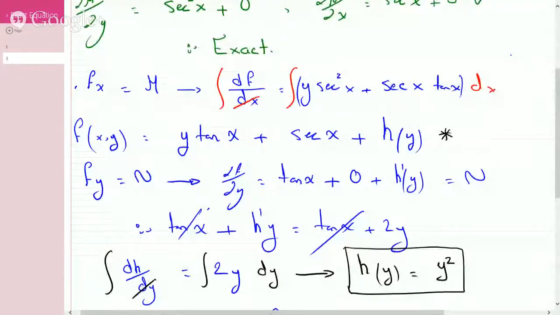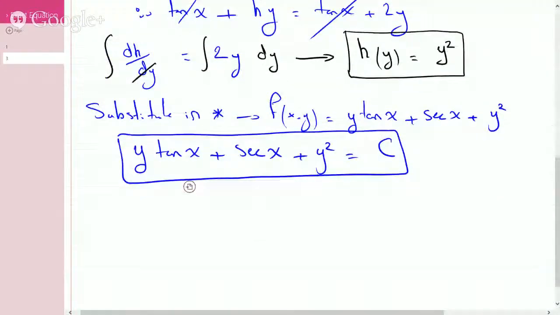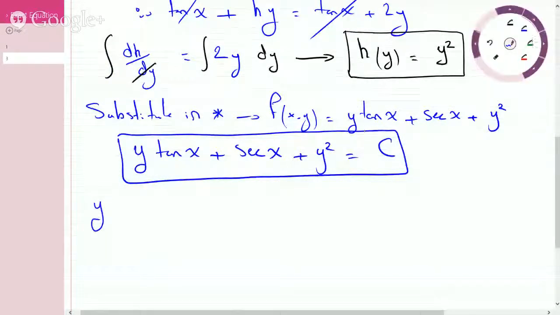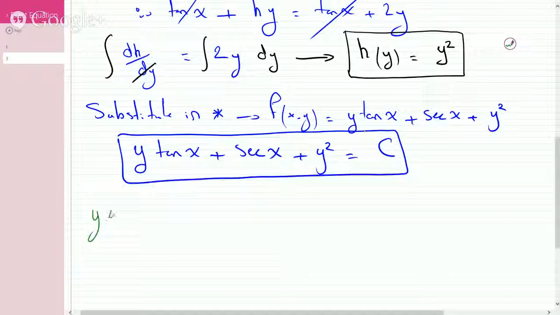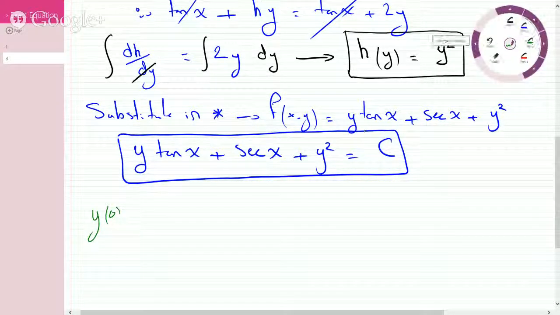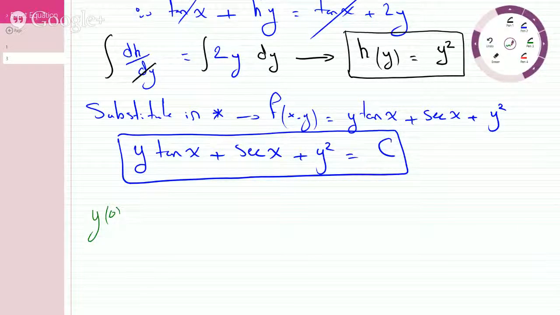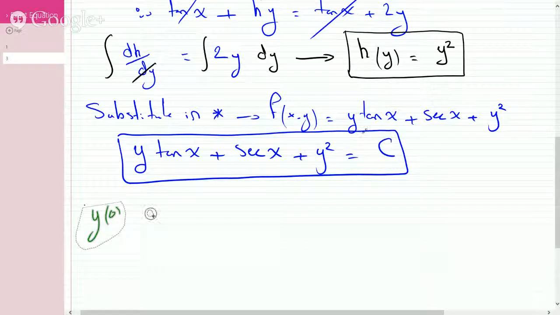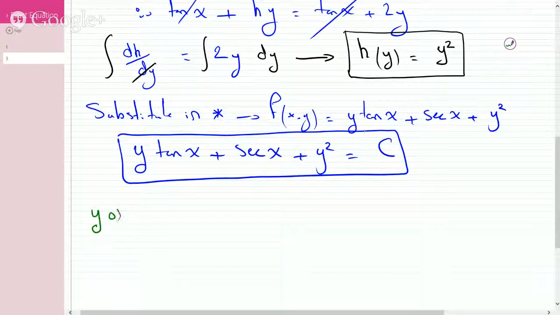Right. Okay, so now we're at the point where we can use the initial conditions of the problem to find c. So y of 0, let's use another color on this. y of 0 is equal to 1, I believe.